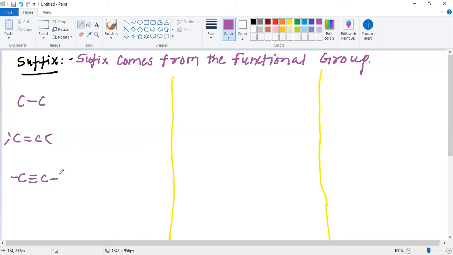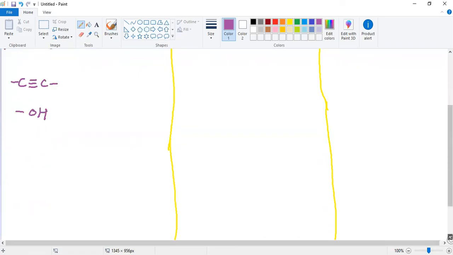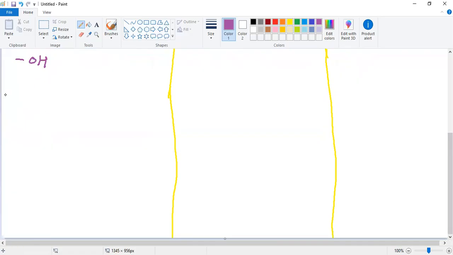Then we may have a hydroxy or alcohol group, or we may have some more. Let us study about them one by one. Then we may have an aldehyde, we may have ketone.